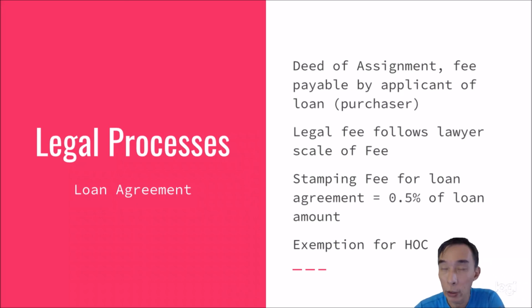But if it includes the legal fee for the loan, that means the same lawyer on the developer's appointed lawyer panel does the sales and purchase agreement and at the same time the loan agreement, but the legal fee is paid by the developer. And for the stamp duty to be paid for the loan, the 0.5% is actually waived under HOC, no need to pay.